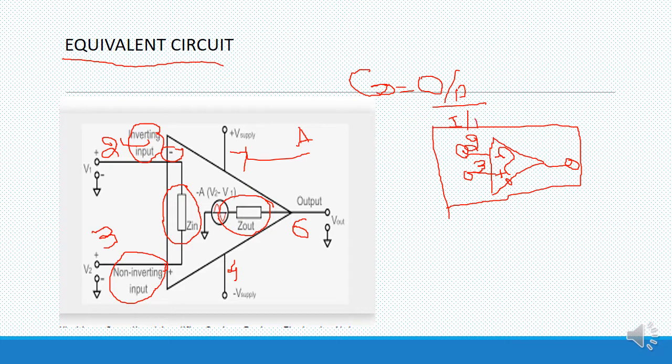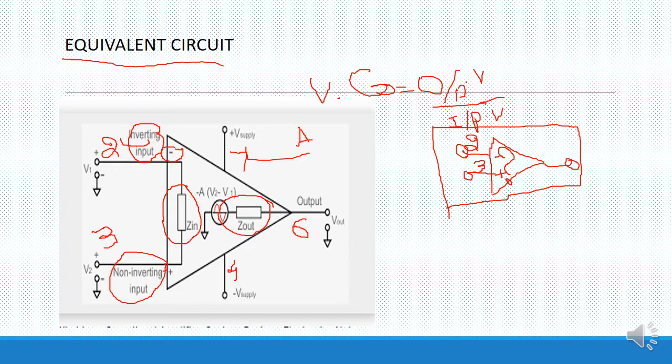If you are studying the voltage gain, then we say output voltage divided by input voltage.